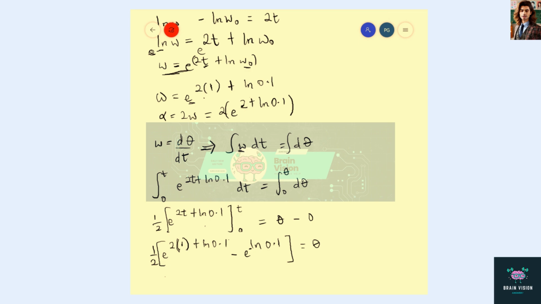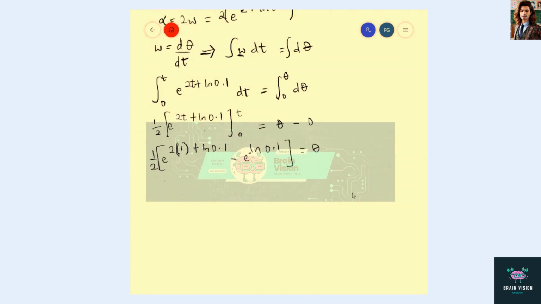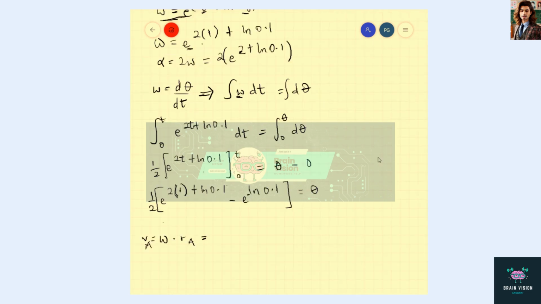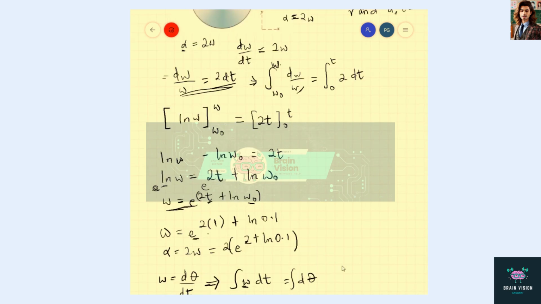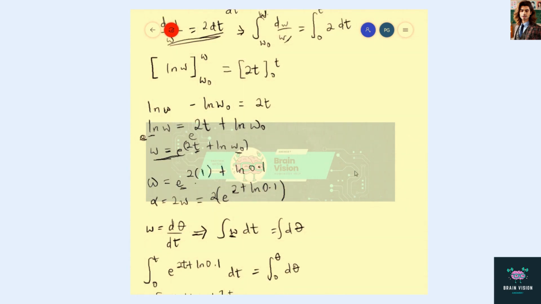Now, finally, for the velocity, v is equal to the angular velocity times the radius at A, and the angular velocity we calculated as e raised to the power of 2 plus ln 0.1, times the radius, which is 200 millimeters, so that's 0.2 meters.